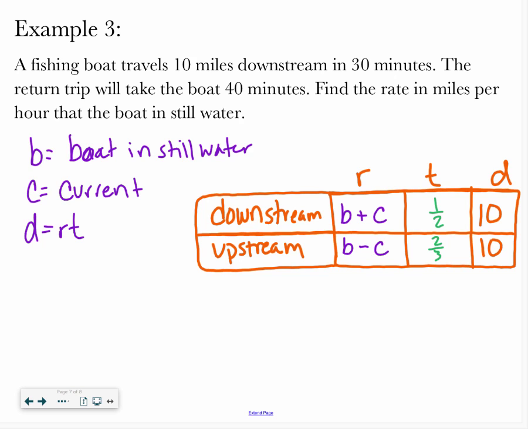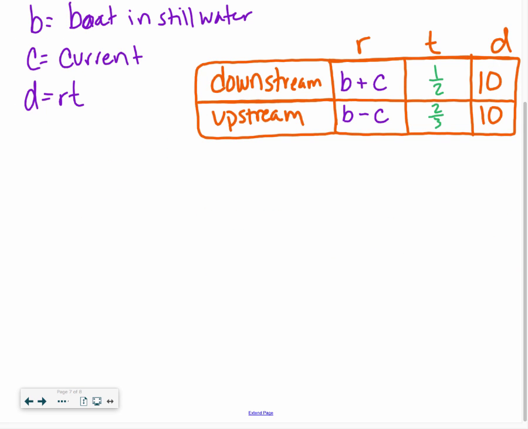So what this means is our 2 equations end up being, we have our distance equals rate times time. So we have 1/2 B plus 1/2 C equals 10, because I am distributing my rate times time. So this is the time, and then my rate was, here, I just want to show you what step I just combined.